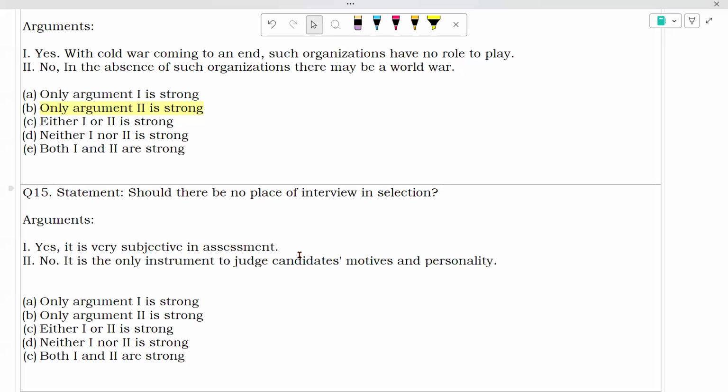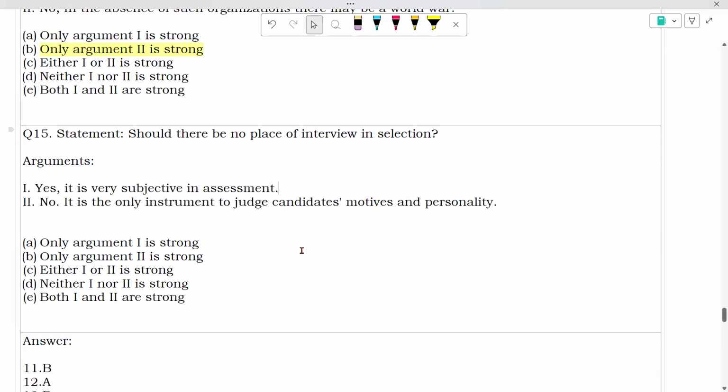I heard from somewhere that it will do away with whatever biasness in interview might be there. Okay, so tell me, are the interviews very subjective? Yes, no, tell me. Yes, they are subjective. So should we do away with this? That we don't know.